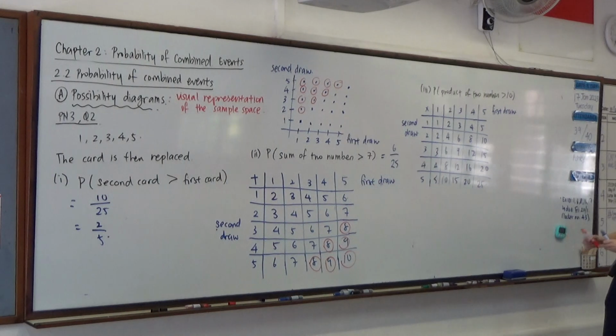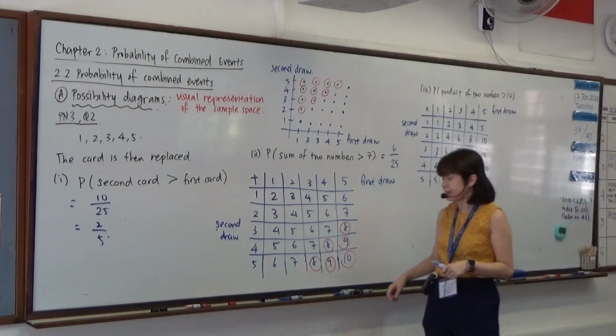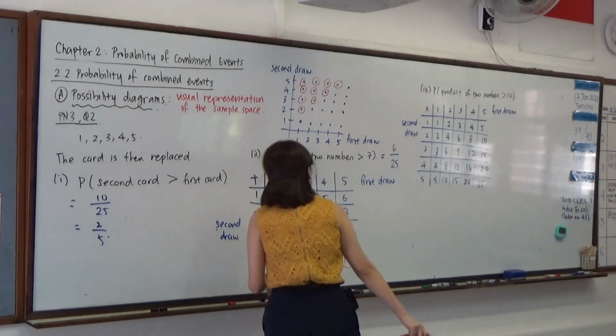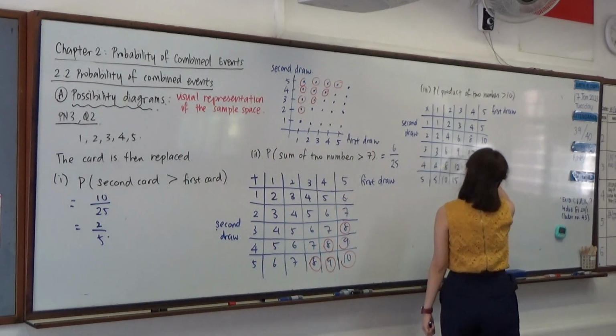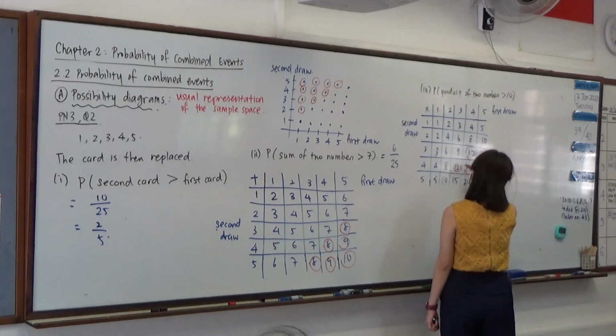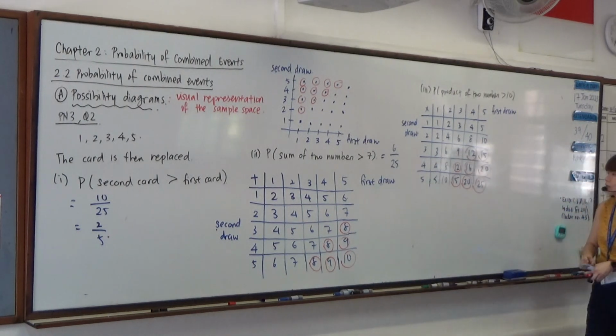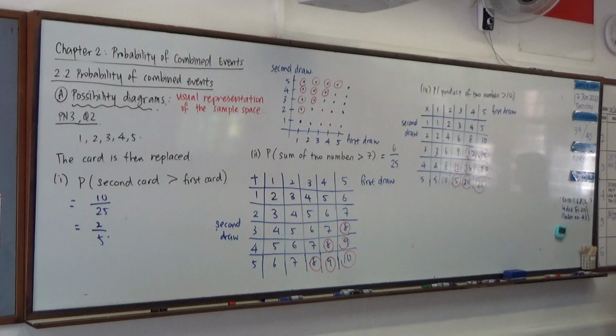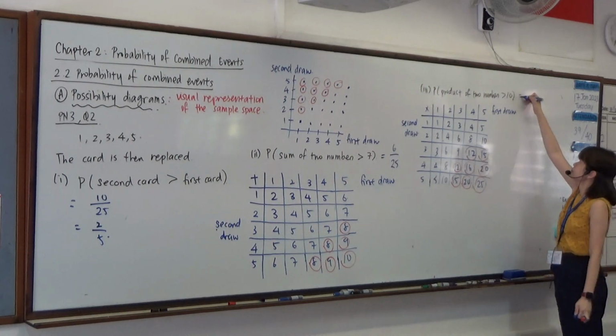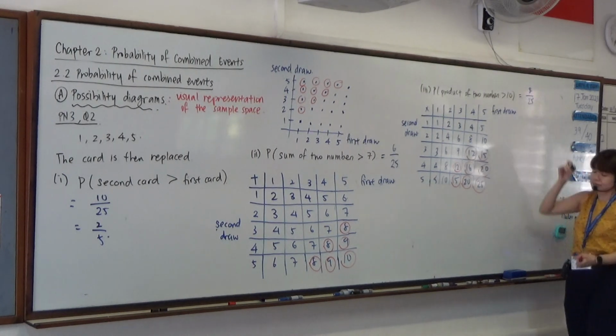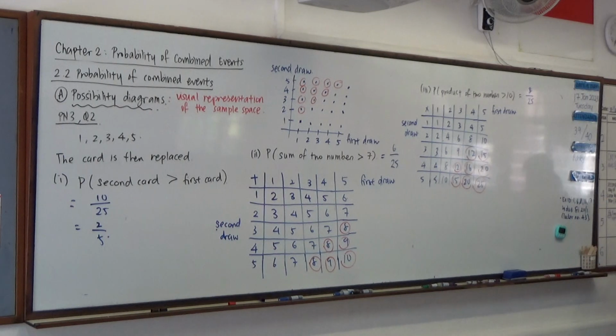Then now we can find the product of two numbers that are more than 10. That would be this. 8 numbers in total. Therefore, answer is 8/25.